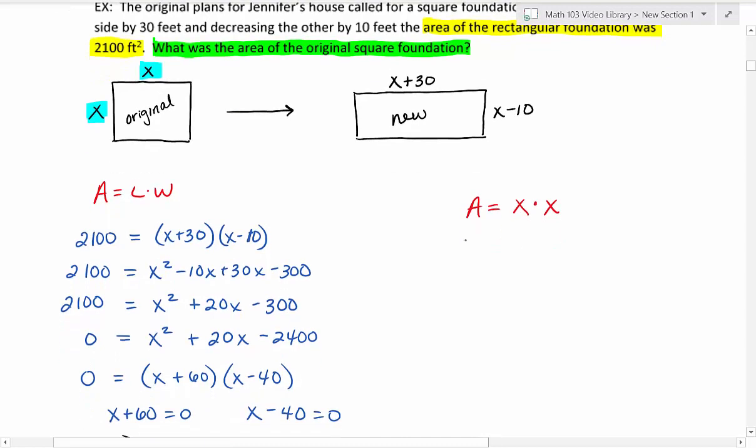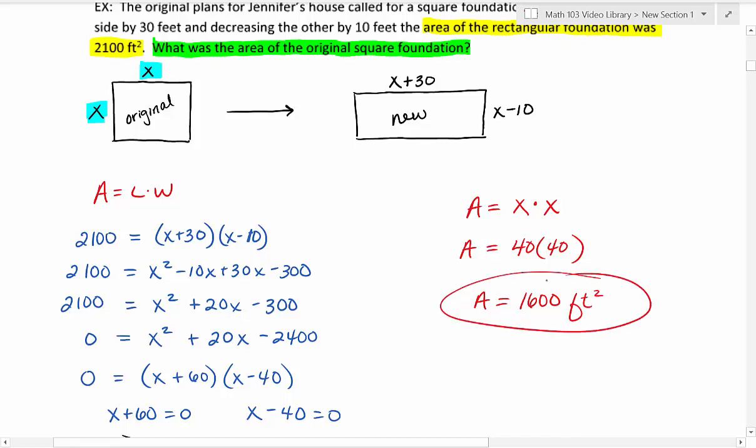We've established that x is equal to 40, so that area is going to be 40 times 40, which is 1,600. And lastly, we want to include any necessary units. Our unit here, since it's area, would be feet squared. Jennifer's original foundation had an area of 1,600 square feet.